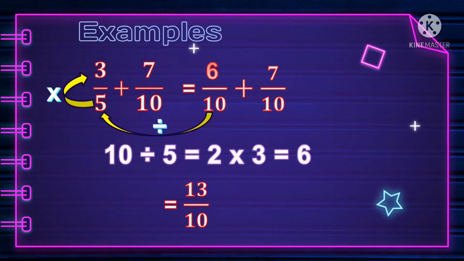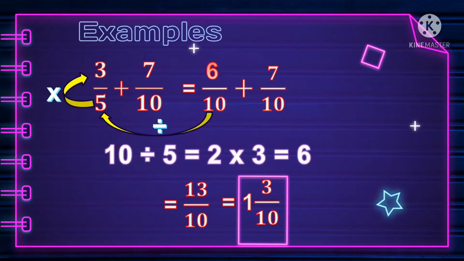So, kailangan natin siyang gawing mixed number kasi yun yung simplified form niya. So, ang mixed number ng 13 over 10 ay 1 and 3/10. So, this is now the final answer. When we add 3/5 plus 7/10, the answer is 1 and 3/10.